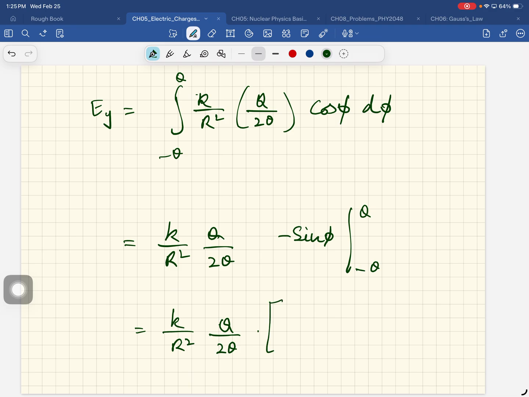All right, so that shows you how to set up integrals to calculate the electric field. Like I said, we showed you how to calculate the electric field due to this uniform charge distribution at this point, and it would be very hard at any other point. In this problem, we showed you how to calculate the field due to this arc at this point. Any other point would be almost impossible.